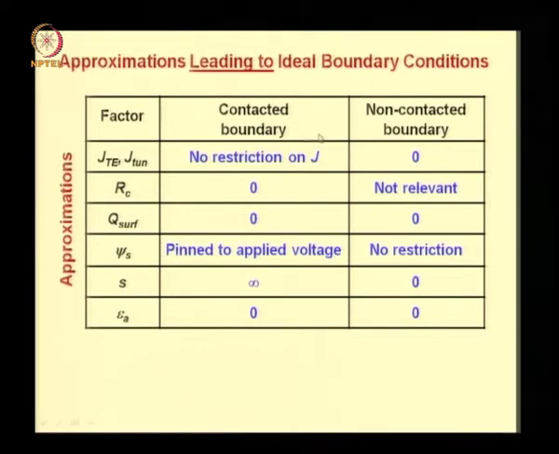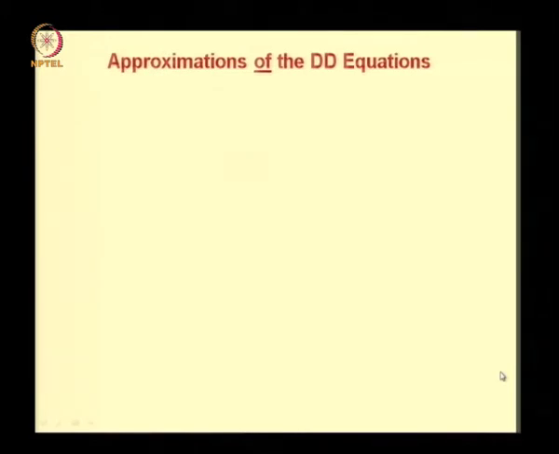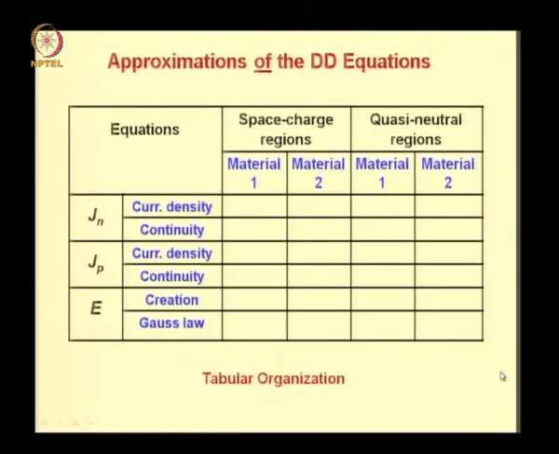So these were the approximations and these were the boundary conditions for ideal contacts and non-contacts. Approximations of the drift diffusion equations, we said, can be organized in a tabular form where the rows are the equations of the drift diffusion model and the columns are space charge and quasi-neutral regions in various materials.